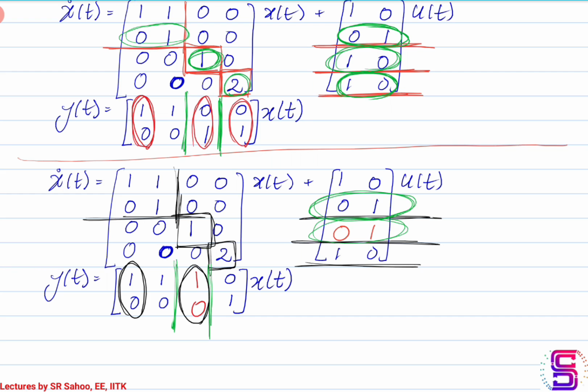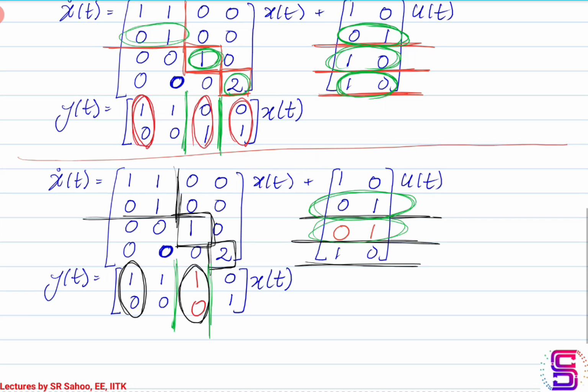As you see, just from the Jordan canonical form, you can say whether the entire system is controllable or not, and whether it is observable or not, without forming the controllability and observability matrices. I suggest that you take a few more examples and try to see how this works out.